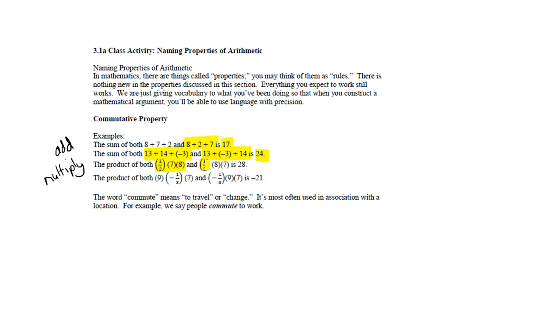Or if you multiply 1/2 and 8 first and then 7, you also get 28. And then the last example, the product of both 9 times negative 1/3 times 7, or negative 1/3 times 9 times 7 is negative 21. So when you add or when you multiply, it doesn't matter what order you do that in. That's basically what the commutative property tells us.